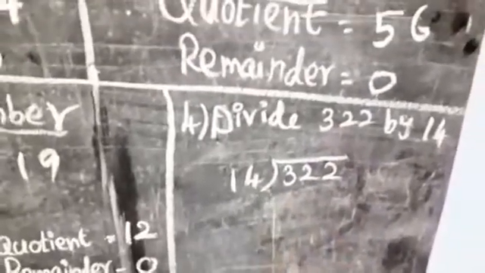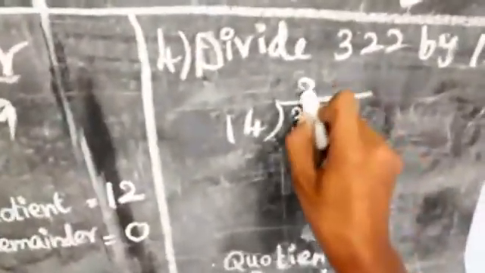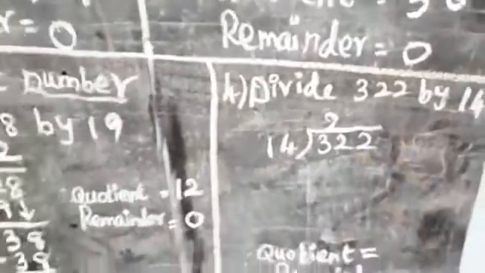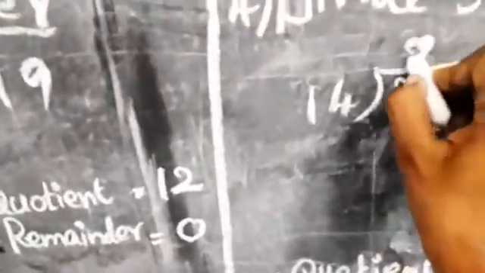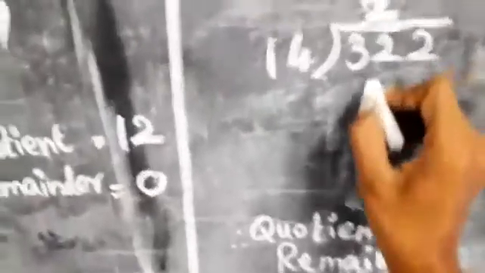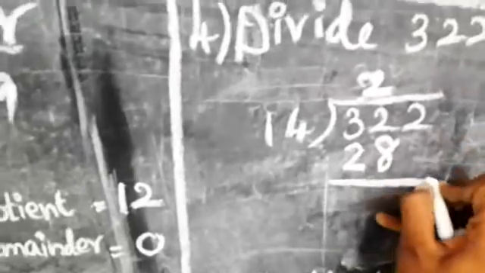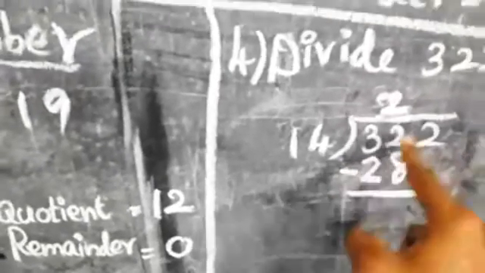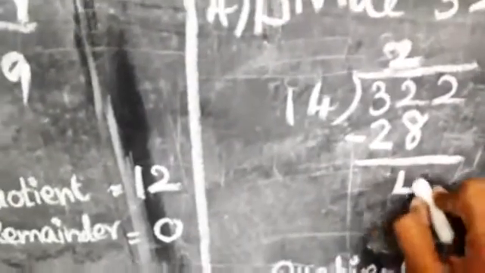Yes, 1 14 is 14, 2 14s are 28. Because 3 14s are 42, that is bigger. So 2 14s are 28. We subtract: 32 minus 28. Yes, balance 4.